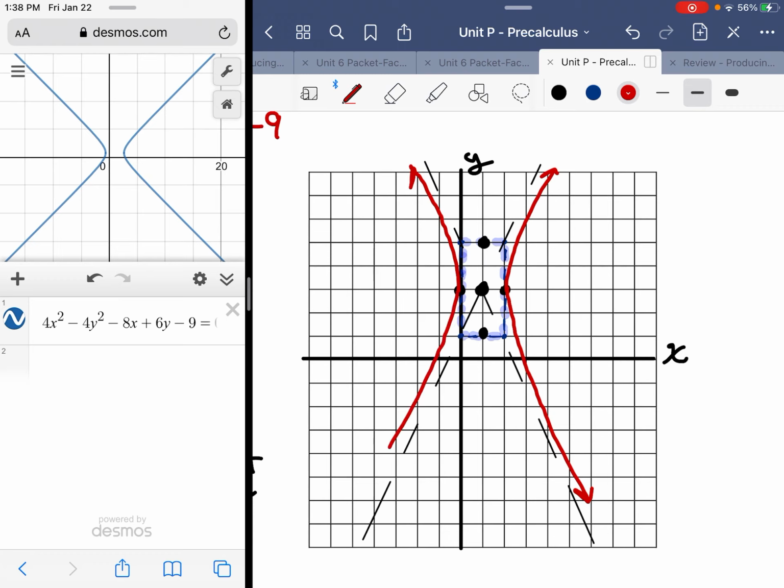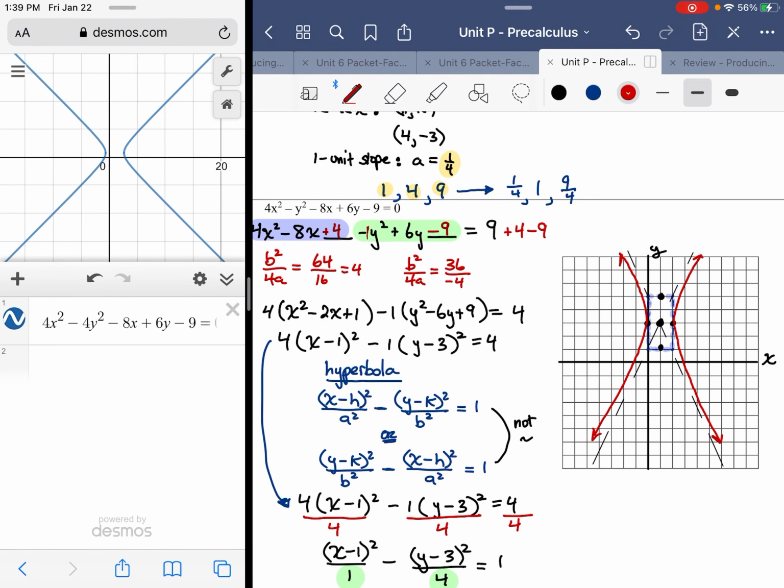And in terms of how I knew it opened outwards rather than upwards, the hyperbola equations where the x comes first open outwards. The hyperbola equations where the y comes first open upwards and downwards.